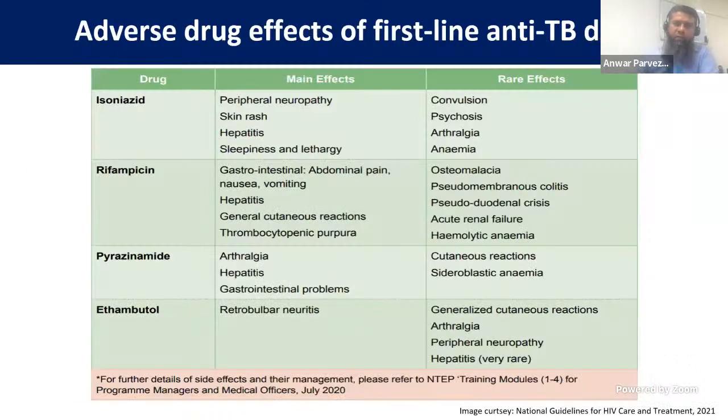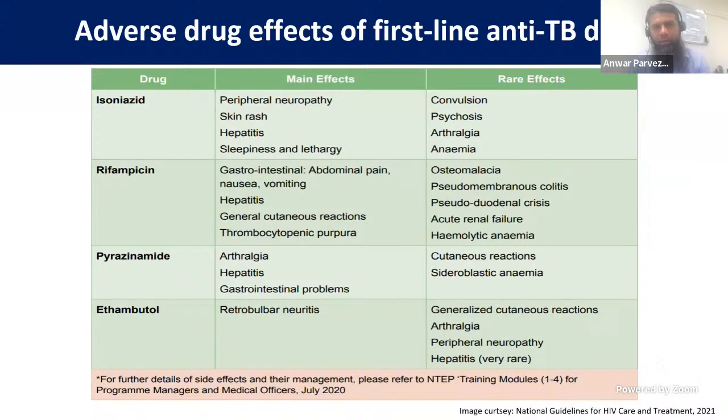About the adverse effects or side effects of anti-TB drugs INH, rifampicin, pyrazinamide, ethambutol, most of the patients will not have these side effects. Common side effects like nausea and vomiting can be there, which can be managed with antacids, or antiemetics if the patient has vomiting.